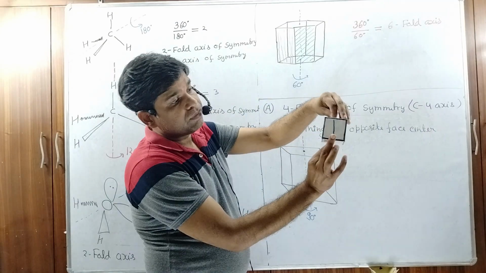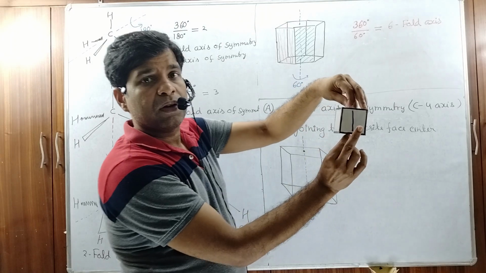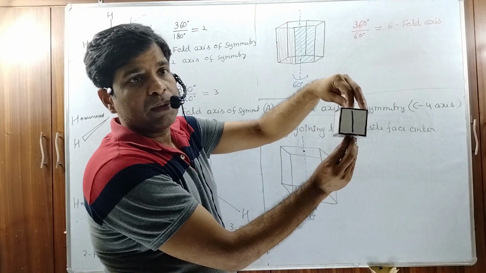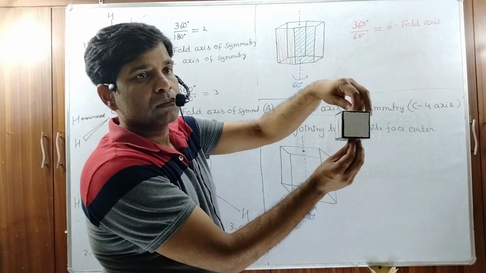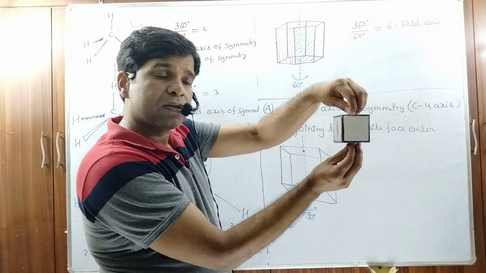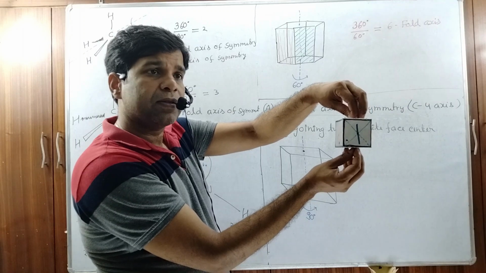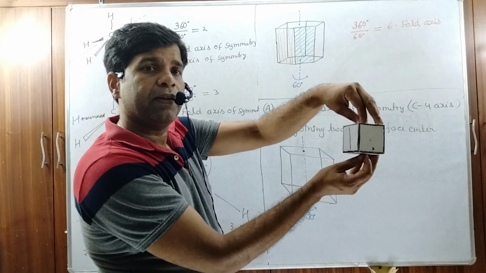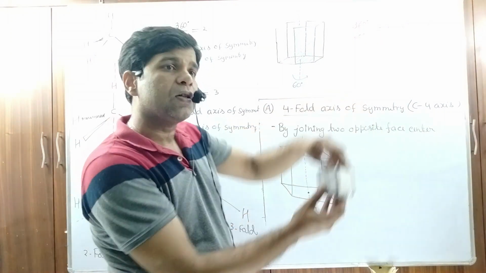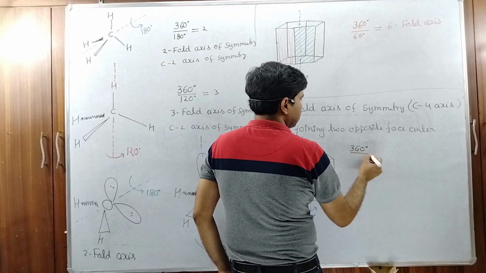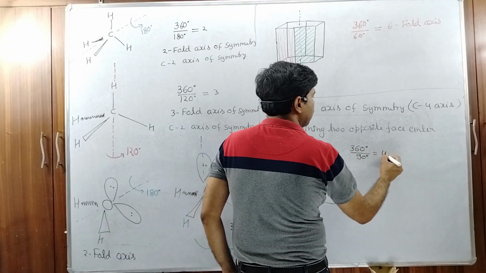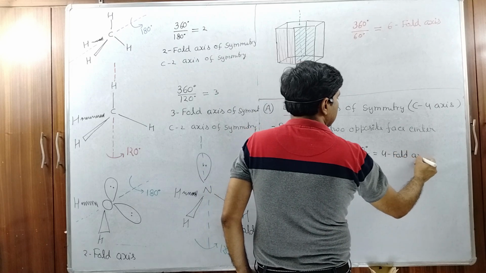Now if I rotate the molecule by 90 degrees, you will find the same structure. 360 by 90 gives the 4-fold axis of symmetry.